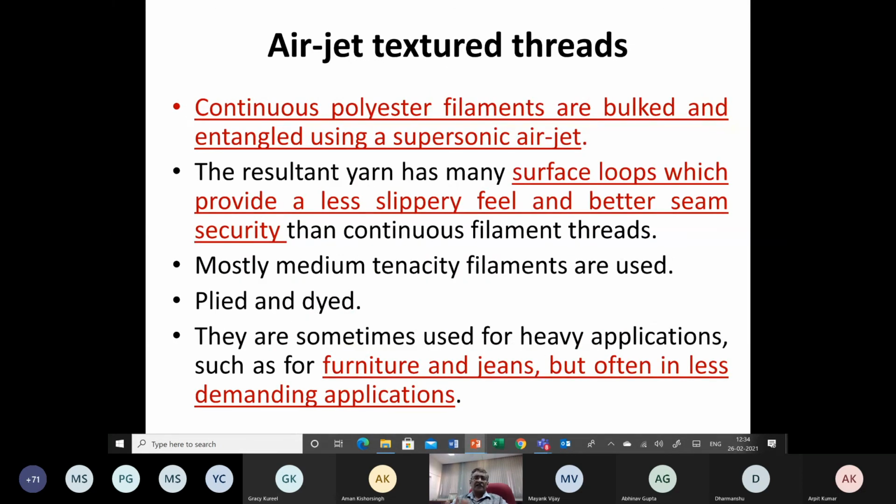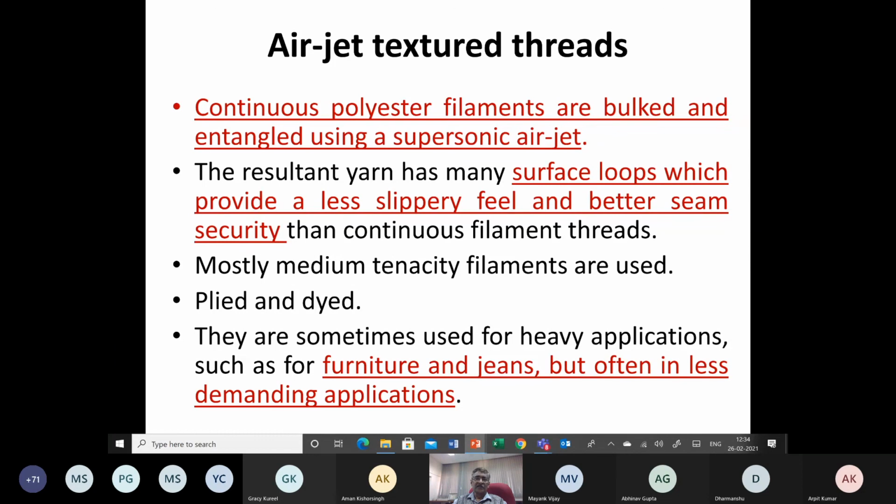The other category of thread is the air jet textured threads. Here the basic material is mostly filaments, predominantly polyester filaments. In some cases they use polypropylene for some automobile applications.